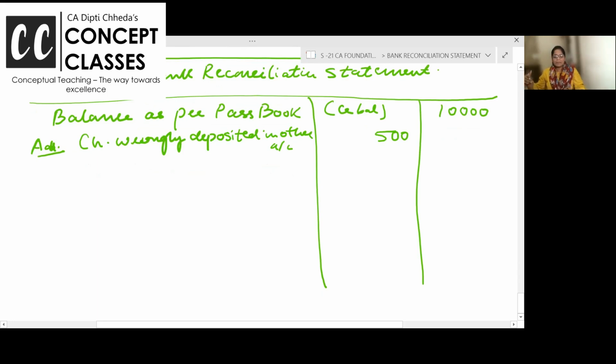I have debited bank, they have credited 9 rupees extra. Okay, so the bank has credited extra. So now what they should do? Debit. And this is a credit balance. So what should I take? Less.